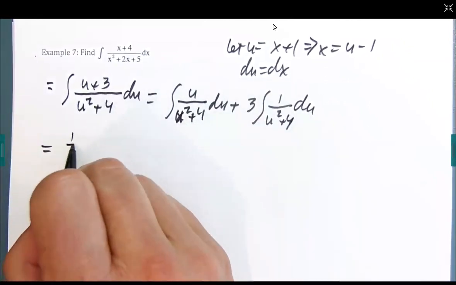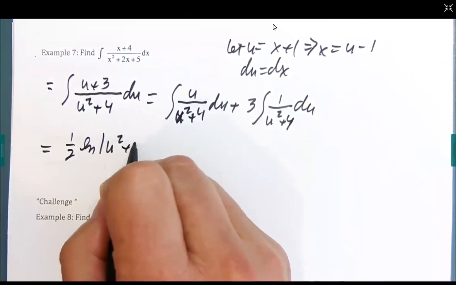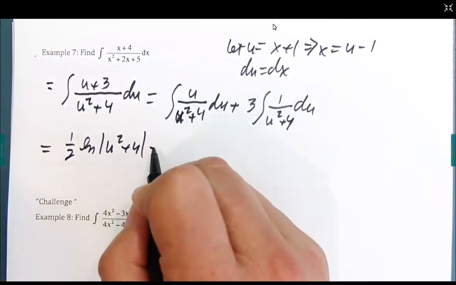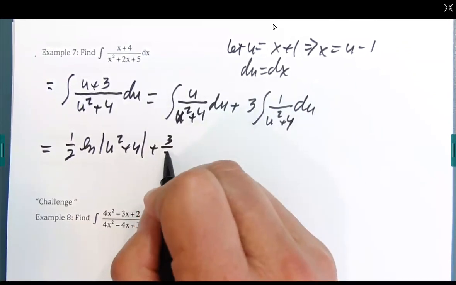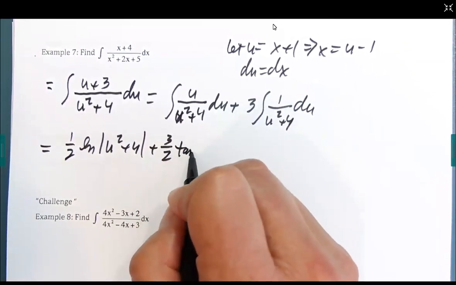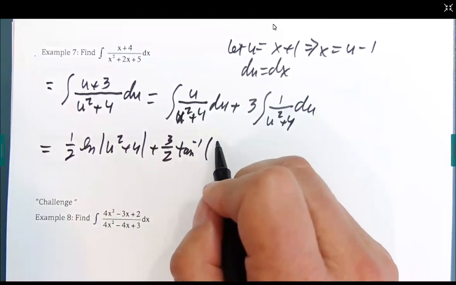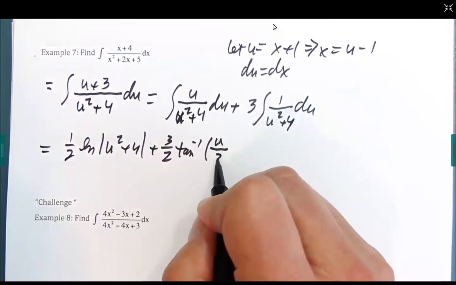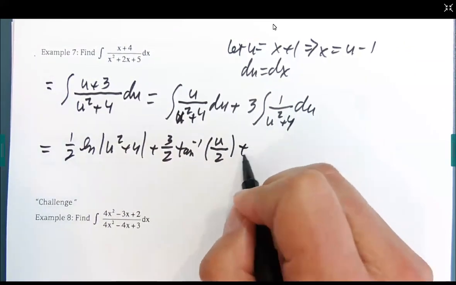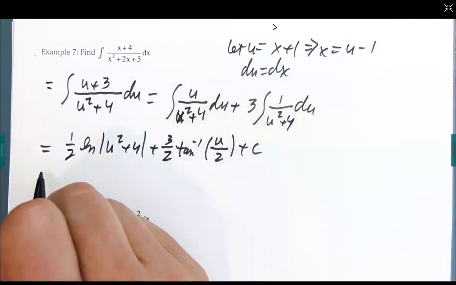So this one becomes the 1/2 ln absolute value of u squared plus 4 plus 3, the 3 from there, halves inverse tangent of u over 2 plus c. I'm replacing u back with the x plus 1.